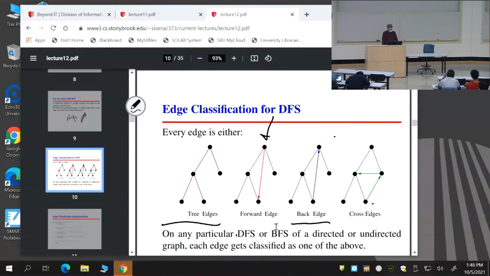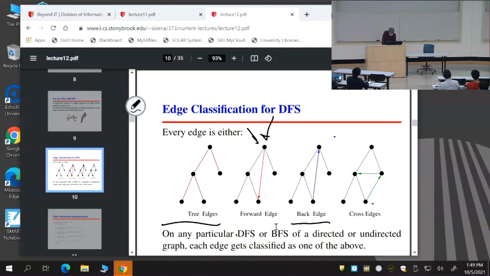Why can't it be that we have an edge that goes down to my grandchild in a DepthFirst search? If it's an undirected graph, why can't we have what we would call here a forward edge? An edge that is first encountered here and goes to my grandchild. Why not?